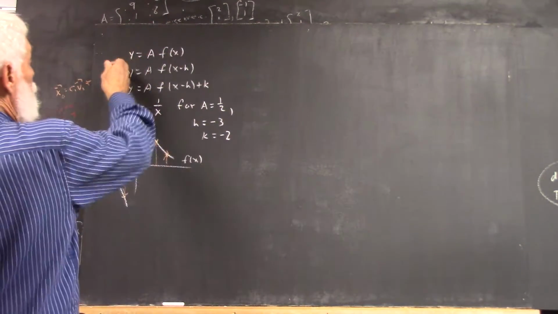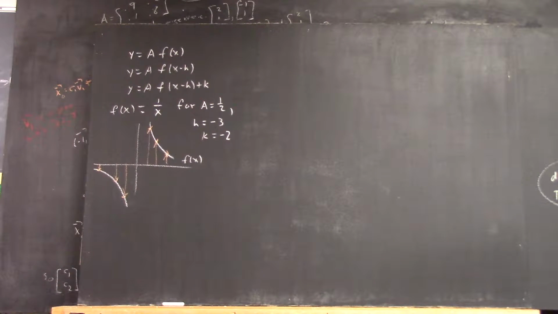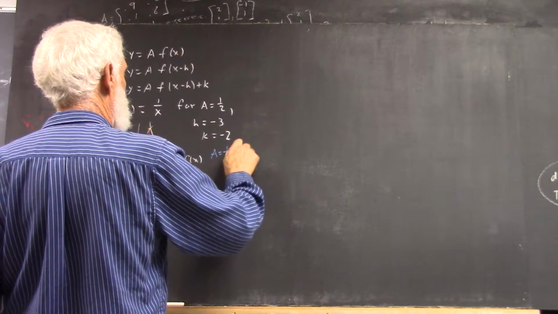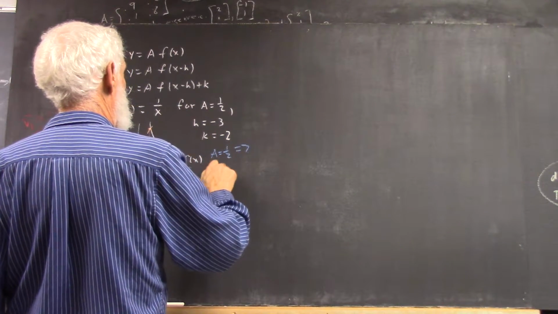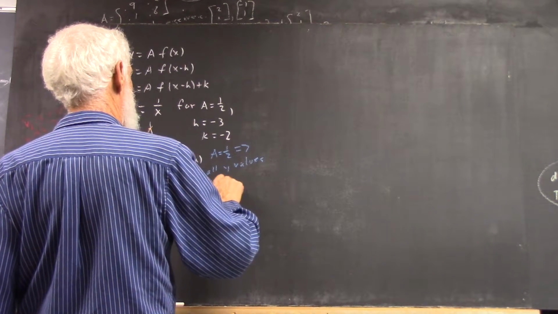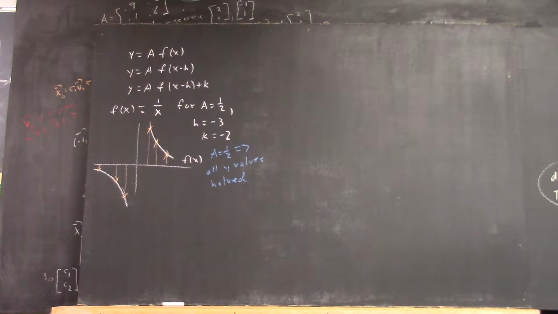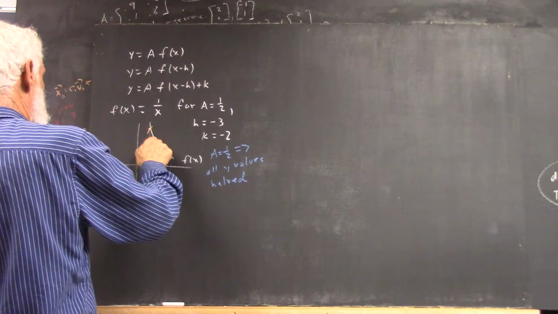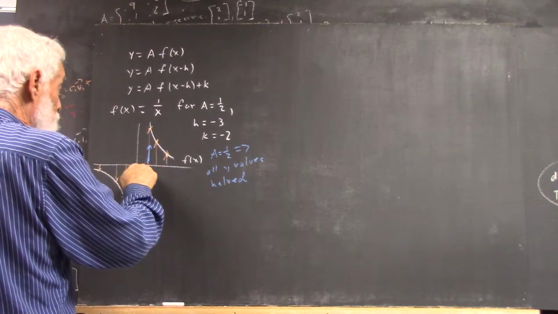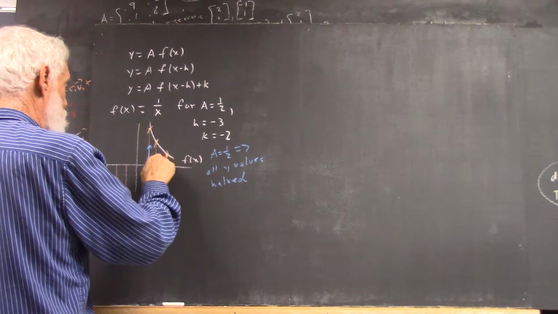That means every y value is going to be 1/2 of what it was, right? That means all the y values are going to get halved. So here's a y value, it's going to get halved. The x value doesn't change. For this x, now the y is here. And for this x, the y is now here.